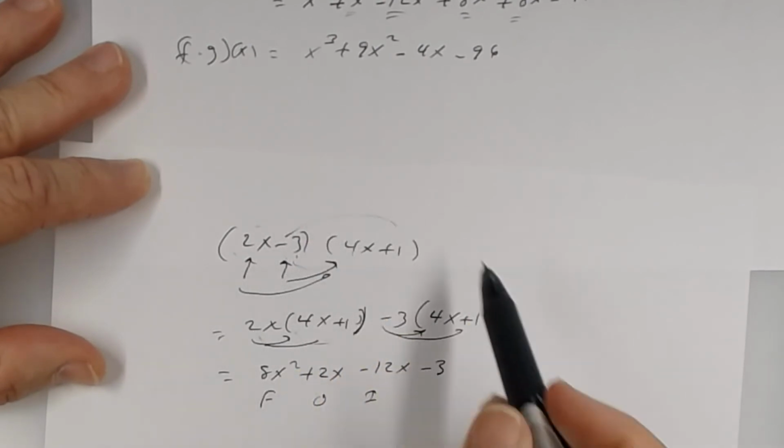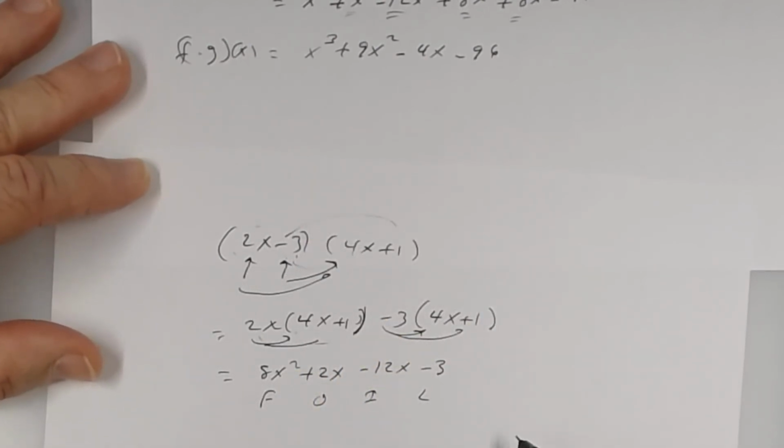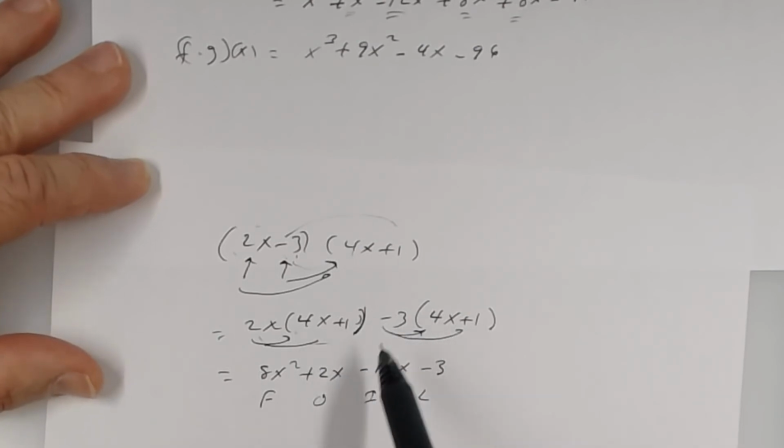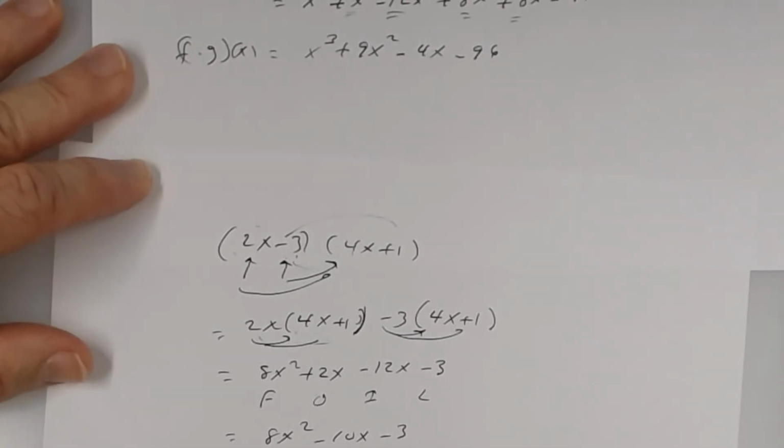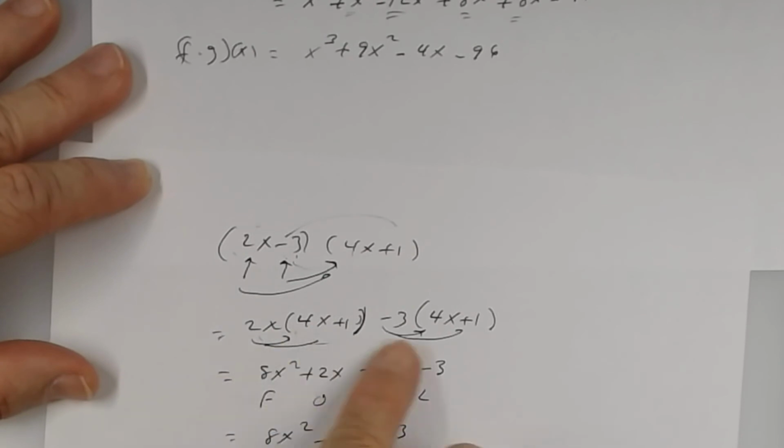And what's the last? So rewriting using the distributive property is the same thing as FOILing. All right, and so you would get 8x squared minus 10x minus 3. Okay? So when you FOIL, you're really using the distributive property in a sense.